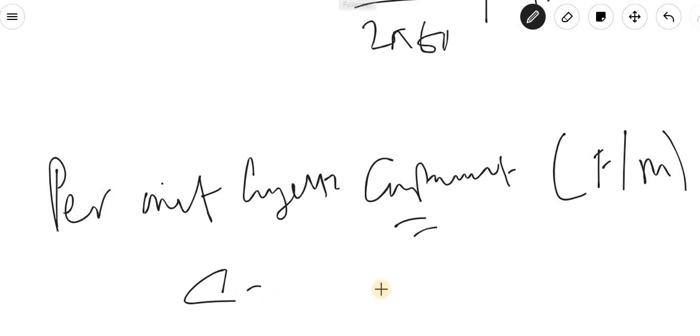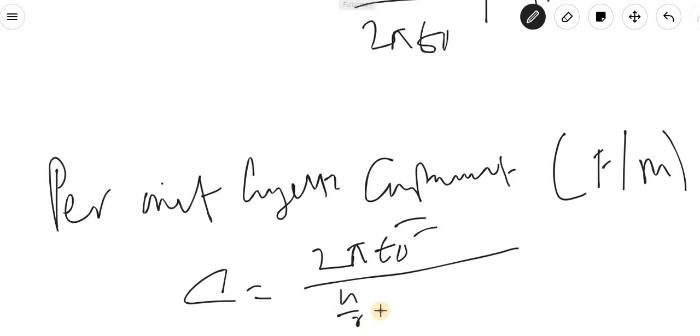So C is nothing but 2 pi epsilon naught divided by ln of h by r plus the square root of h square by r square minus 1.